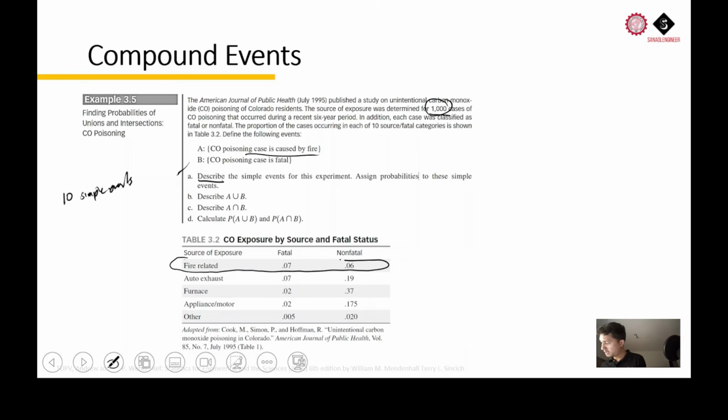This is event A. Event B, poisoning case is fatal. So this is event B. Okay. So the question letter B is to describe the union of A and B, which means the combination of the simple events of A and B.